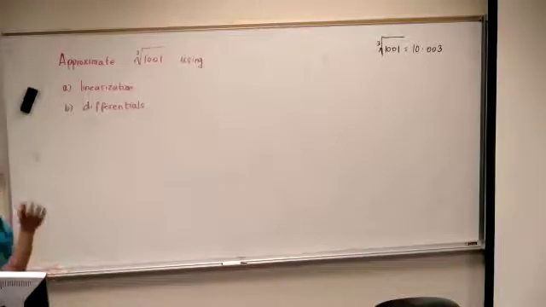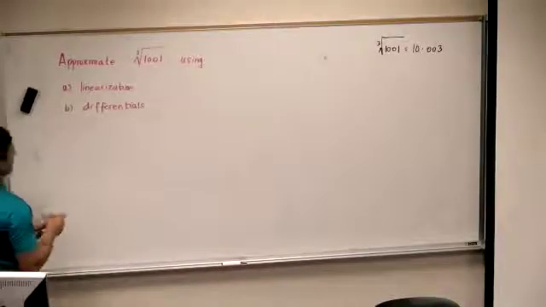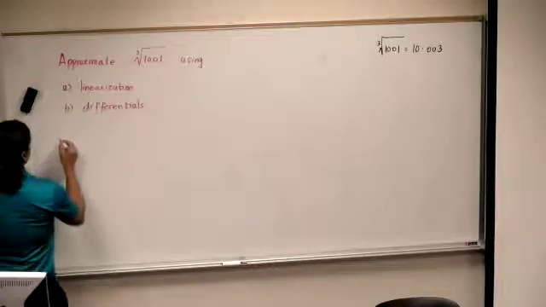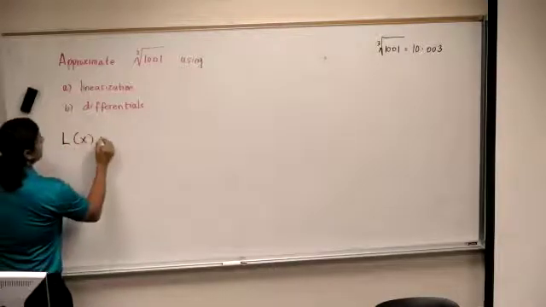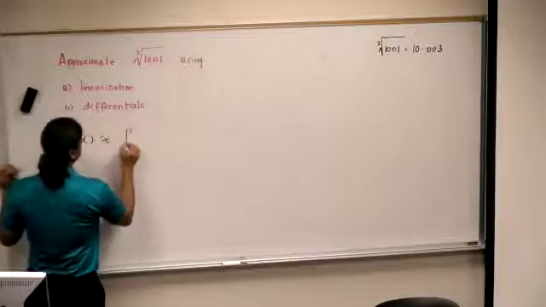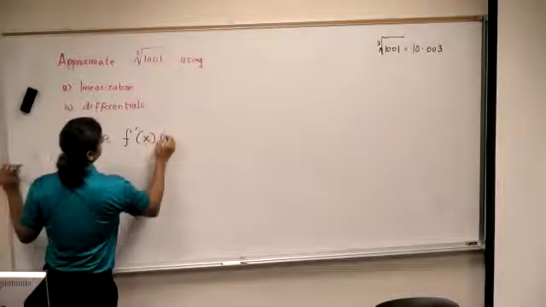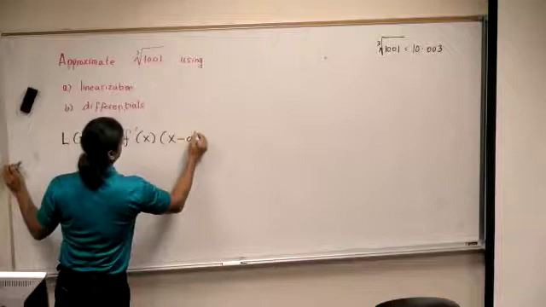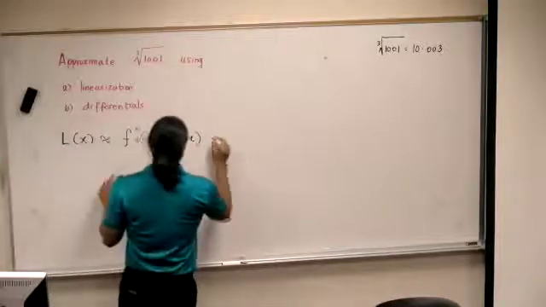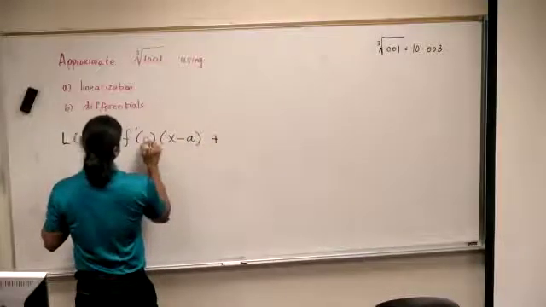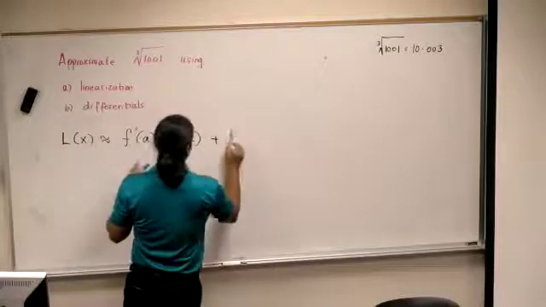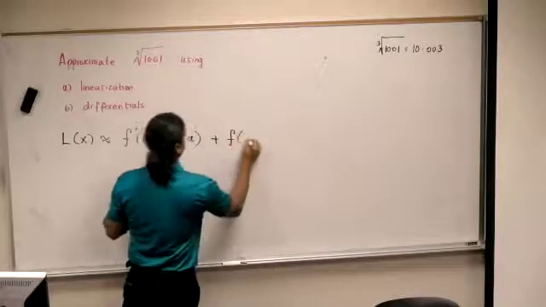We want to approximate this. So what does the linearization state? The linearization of a function is f prime of x times x minus a. Wasn't it f prime of a? Sorry. Multiplied by f of a? f of what?